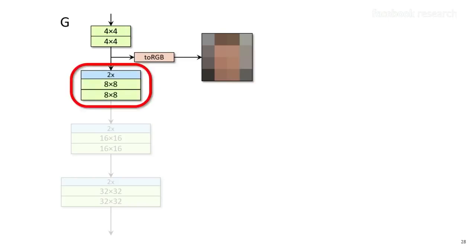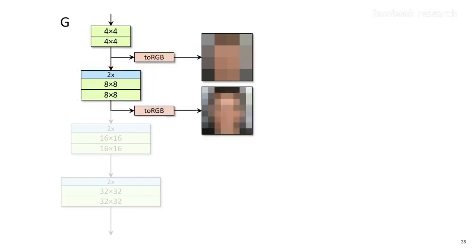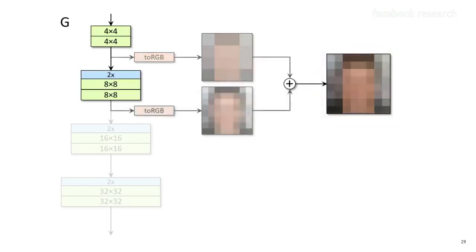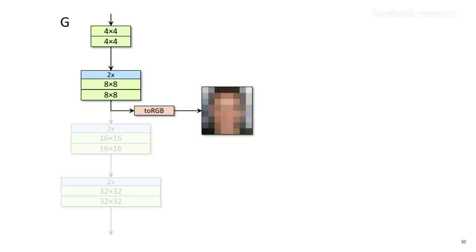When we want to increase the resolution, we cannot go and add the new layers just like that, because they are completely untrained, and doing so would cause a sudden shock. So what we do instead is extract two images at different resolutions and do a linear crossfade between them to gently introduce these new layers. Once we're done, we'll scrap the low-resolution image and keep going.